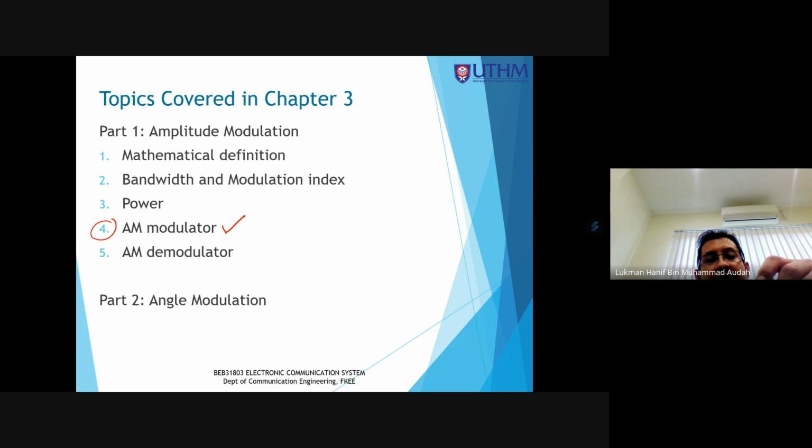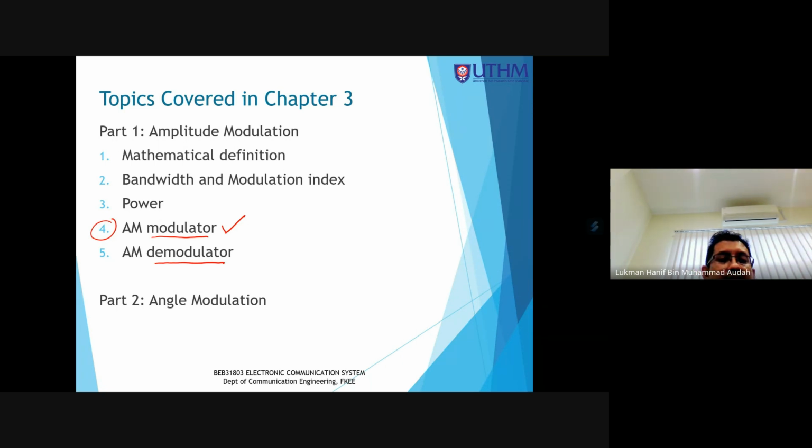The modulator is part of the transmitter, where it will do the process of modulation. The demodulator is part of the receiver, where it will do the process of demodulation to retrieve the original signal.